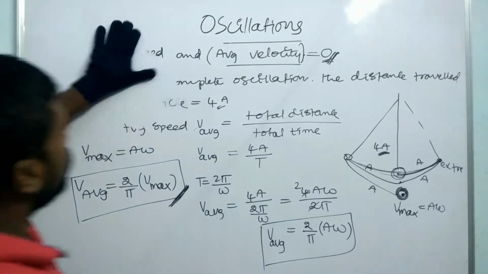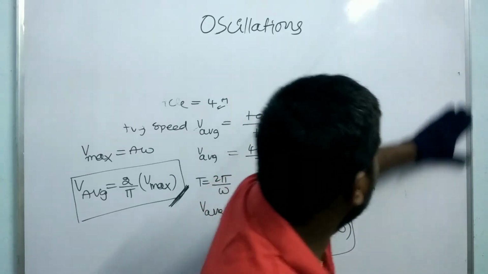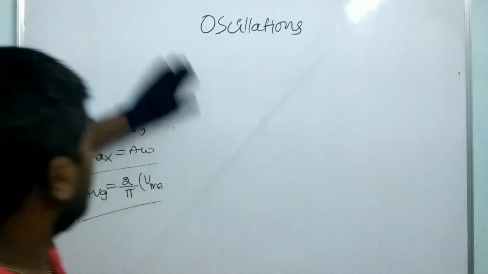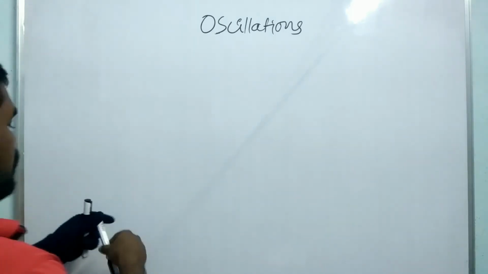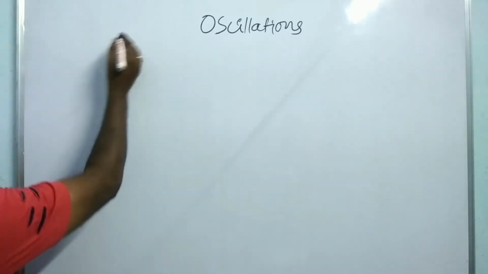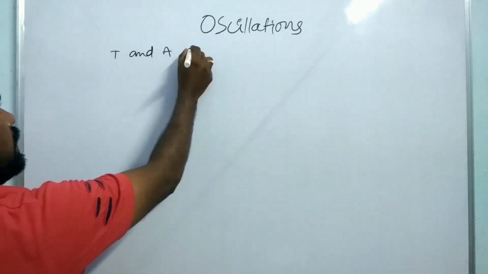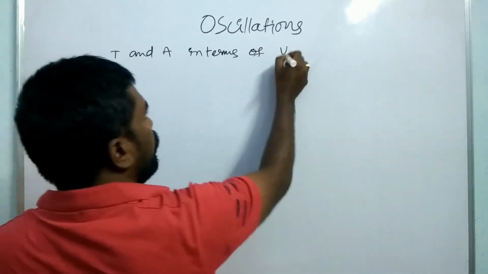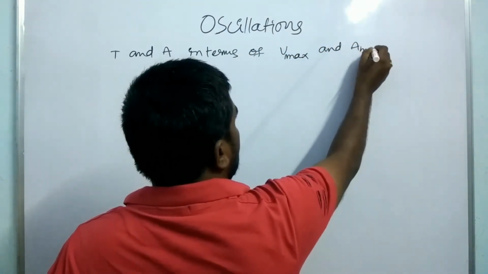Now the expression for the time period and amplitude in terms of maximum acceleration and maximum velocity. So here time period T and A in terms of V maximum and A maximum.